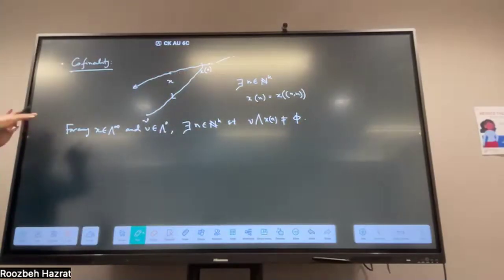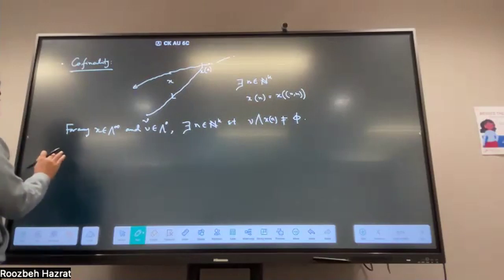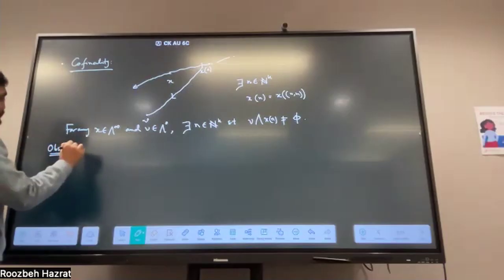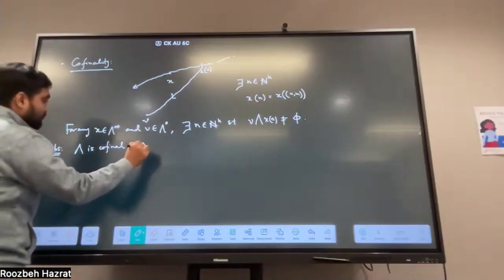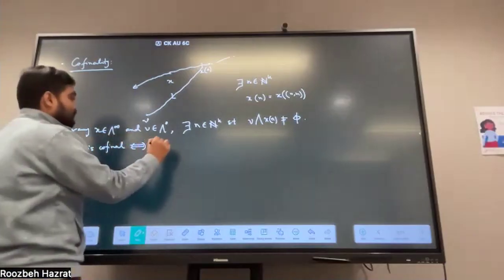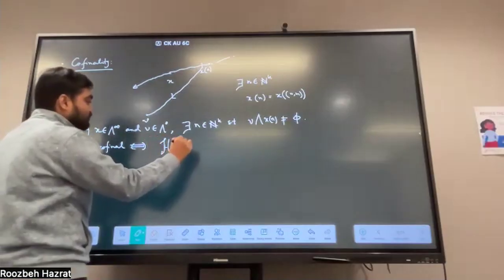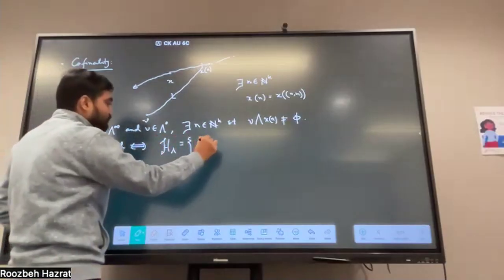And this has something to do with hereditary saturated subsets. I think you know hereditary saturated subsets at the level of directed graphs, but there is also an analogous notion here. And there is an observation, or you can draw as a result, that Lambda is cofinal if and only if the set of hereditary saturated subsets only contains the trivial ones.